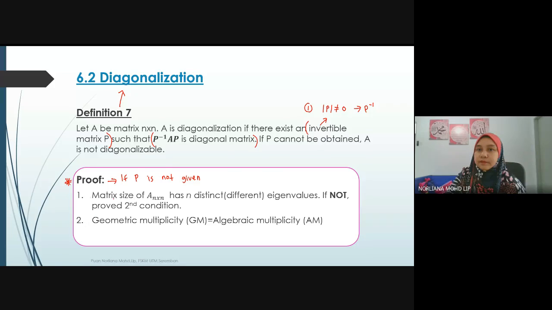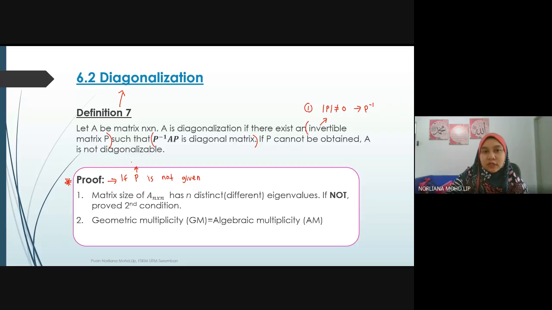Okay, sebenarnya matrix P tu adalah dia punya eigenvector sebenarnya. Matrix P tu sebenarnya dia punya eigenvector lah.